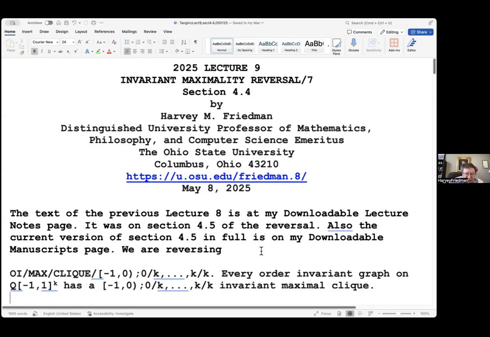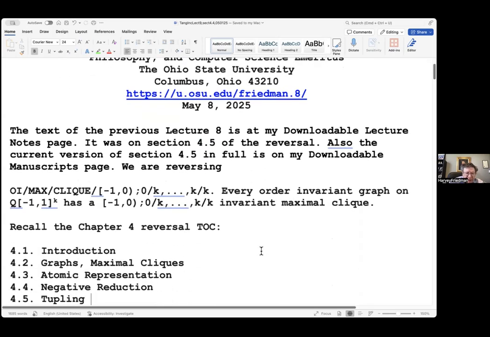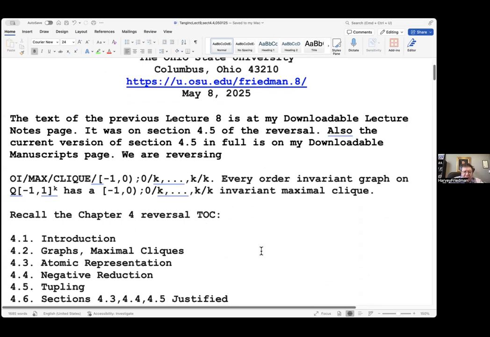As I always say, we're actually reversing this statement. Every order invariant graph on q minus 1, 1 to the k has a invariant maximal clique. By the way, I have vacillated between using a comma here or a semicolon, and now I've decided it's going to be a semicolon because this actually is meant to refer to a function.